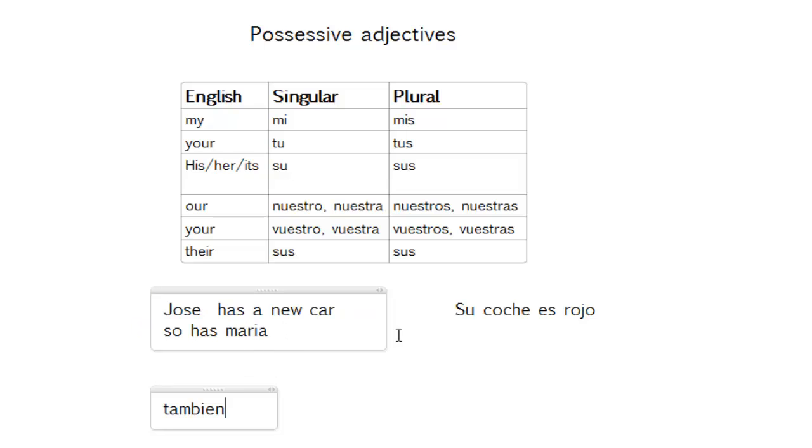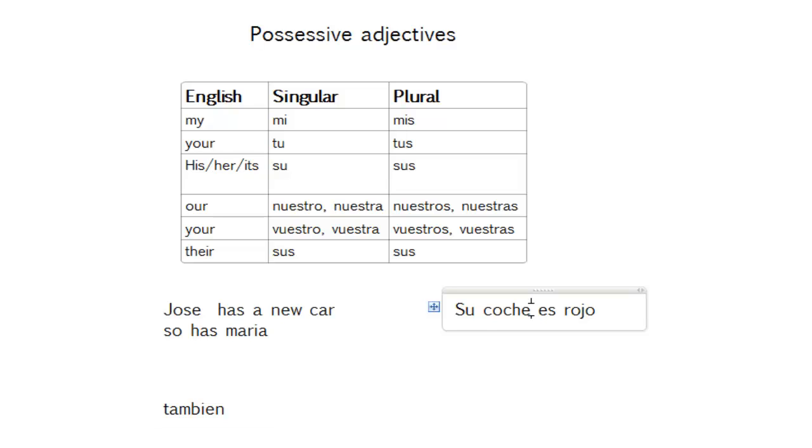Okay, but now you say, oh, su coche es rojo, his car is red, and you only go, oh, well, who? So su coche, and sometimes they put this thing, de él, su coche, de él, of him, is rojo.